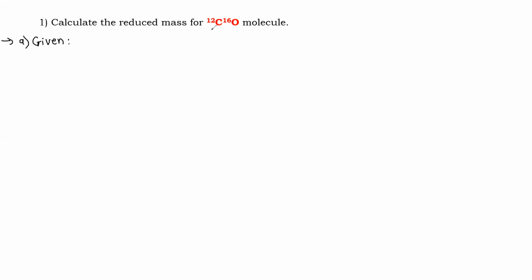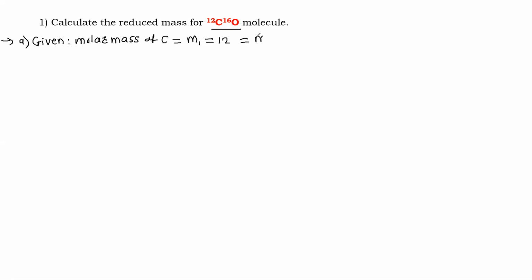Here in this problem, the molar mass of carbon and oxygen is given. So first we write down the molar mass of carbon atom, which is denoted as M1, that is 12.